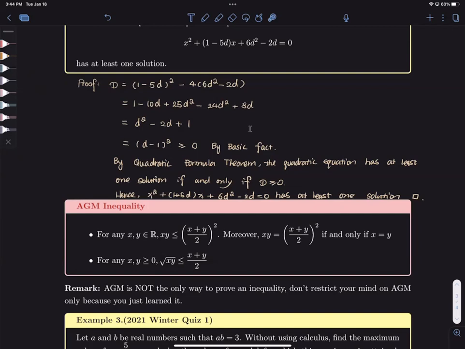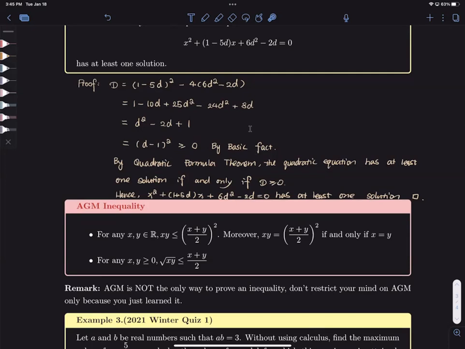Because basic facts are really trivial, so we don't care about them that much. But if you have anything that has a name, then you should definitely say you used it. Think about it, if they have a name, that means they're really important, right? Any other question? That's a great question, by the way.